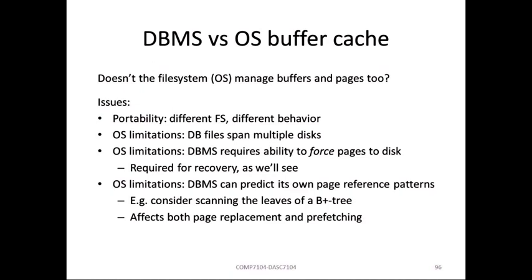And understanding how the data is in use at a given moment, for instance in query execution, will affect both the page replacement decisions and the prefetching decisions that we may want to take. And this is why the DBMS needs to have its own mechanisms for this cache level between the disk and the main memory.